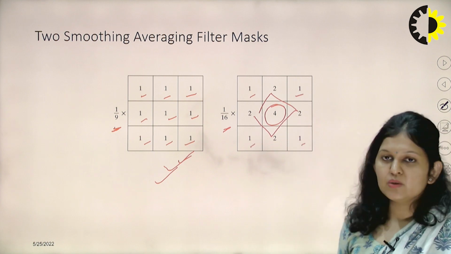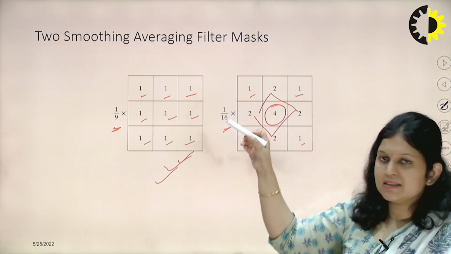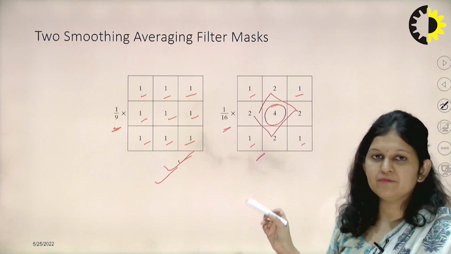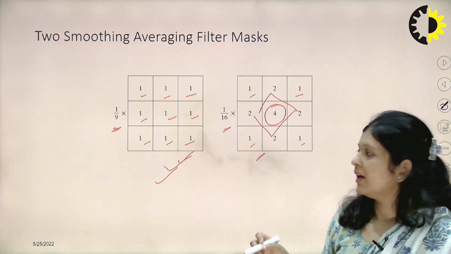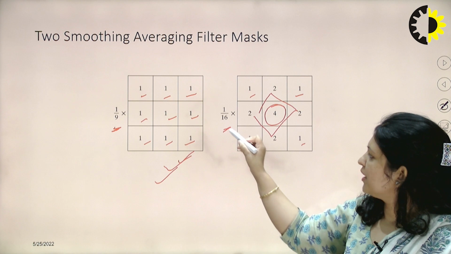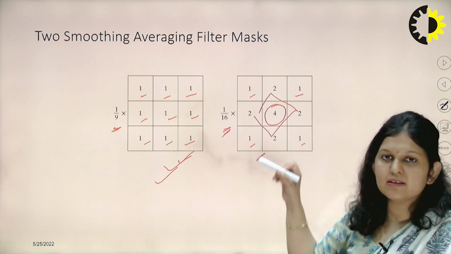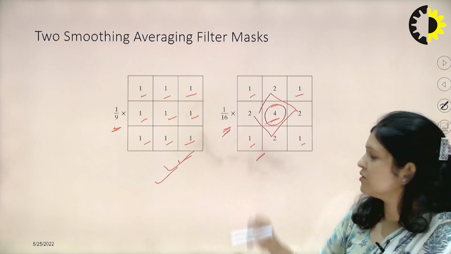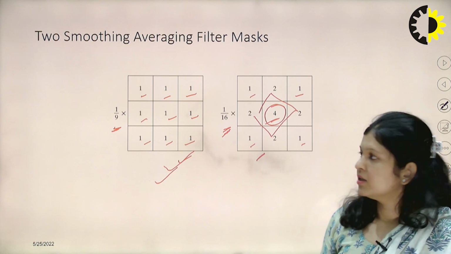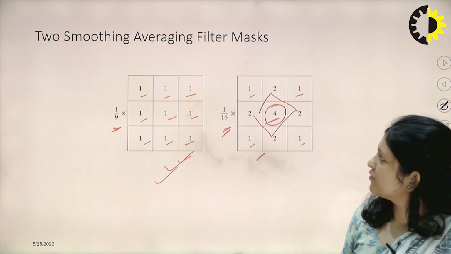We multiply it with the mask. This mask filter is multiplied with the image, and then we divide the value by 16. That would be put at the center where the center is superimposed in the image. So these two are the weighted average filters.